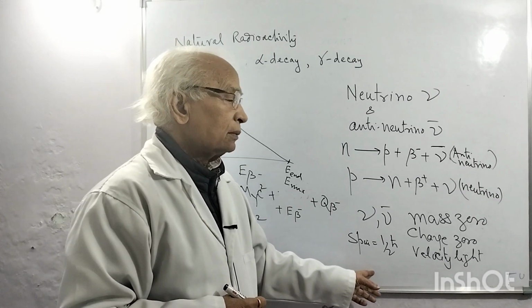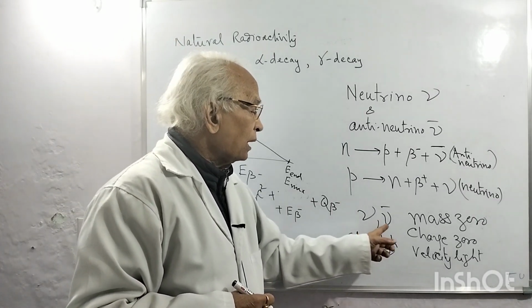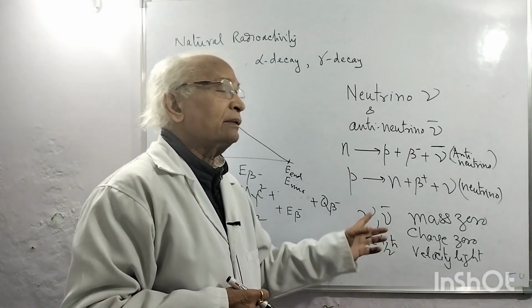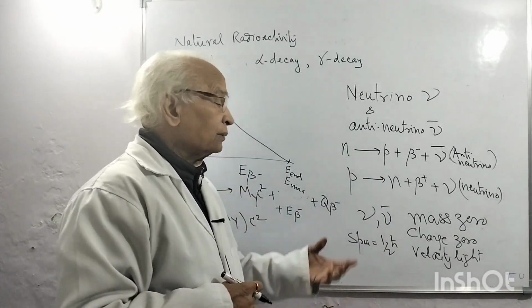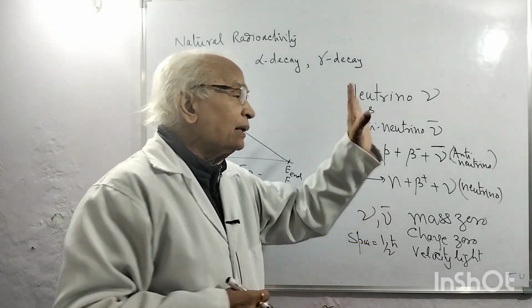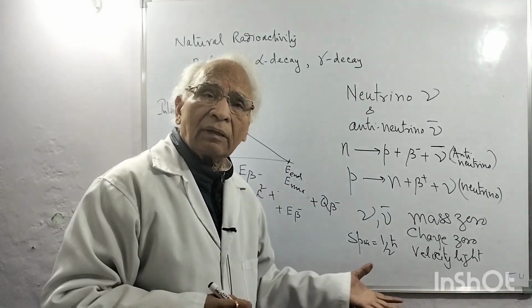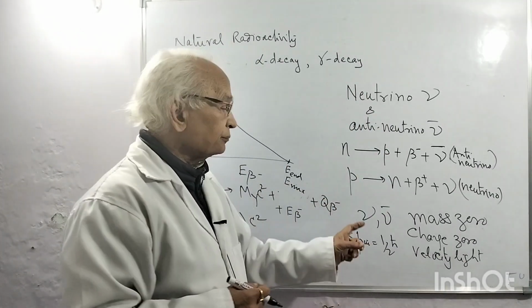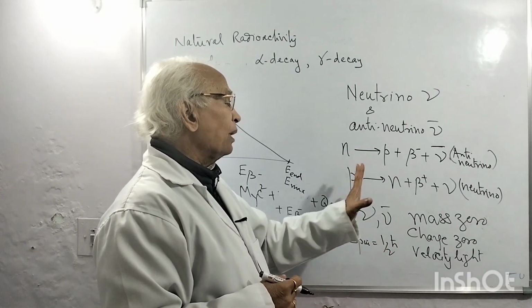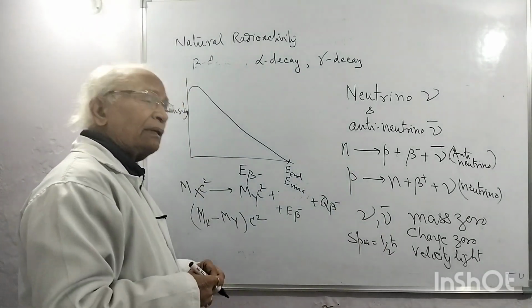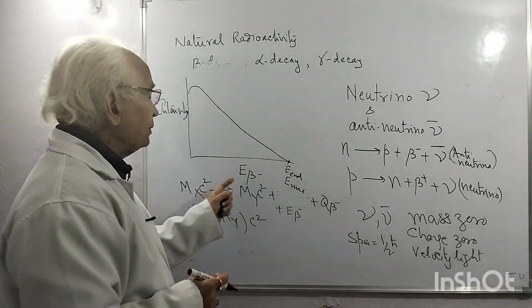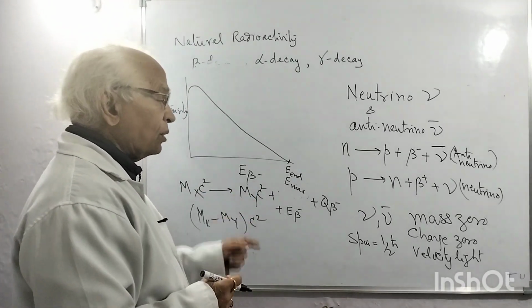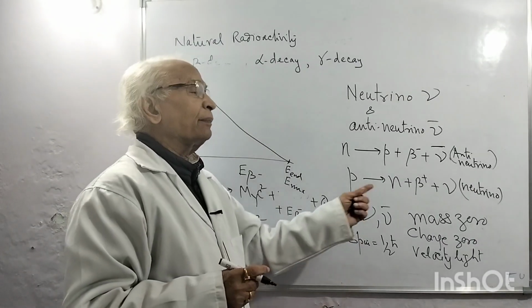So this is not only a theoretical particle, this is an experimental particle available in nature. It is observed in very large numbers nearby reactors, etc., where a lot of radioactivity is there. So neutrino and antineutrino exist in nature, and beta decay is not emission of simply a beta particle, electron or positron, but emission of another particle.